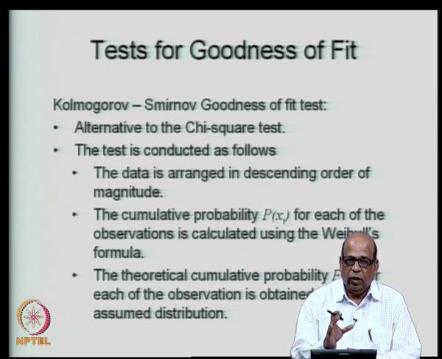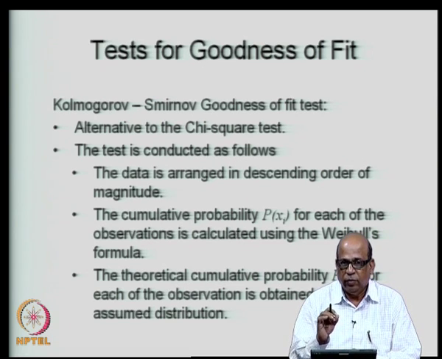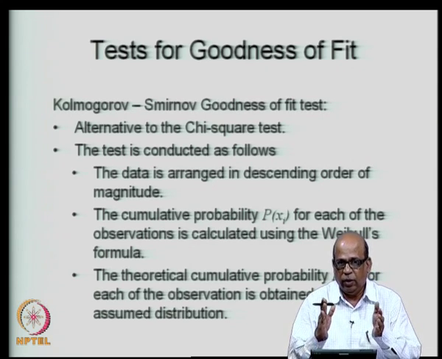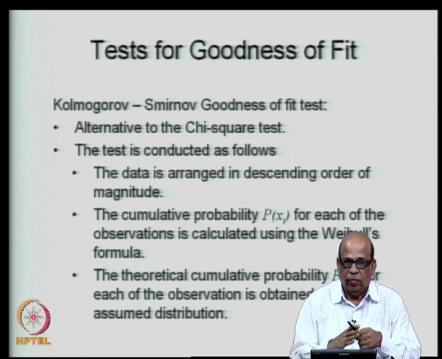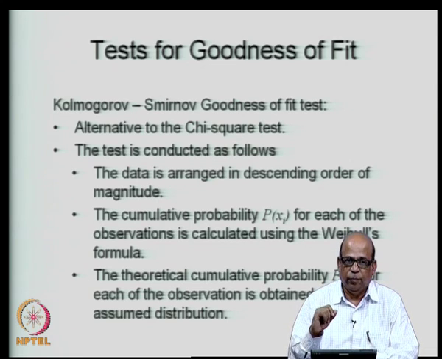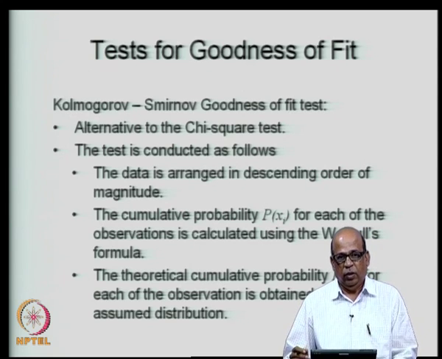In the chi-square test, we compared the expected frequencies with the observed frequencies and obtained a statistic out of it. Here, rather than dividing into class intervals, we use the data as they are observed and compute the probabilities of those values occurring.